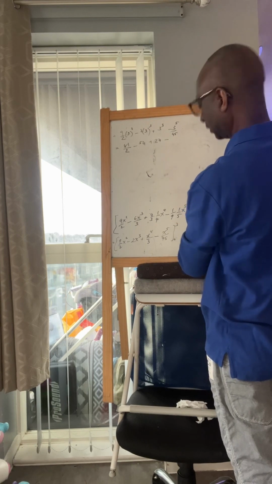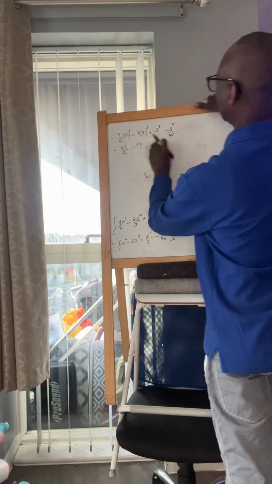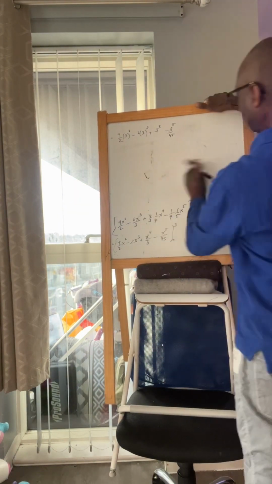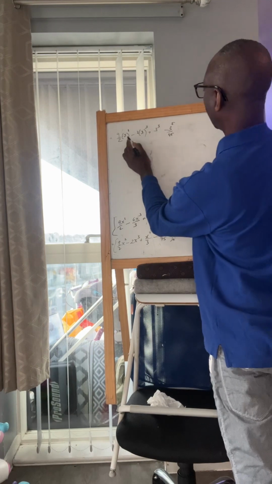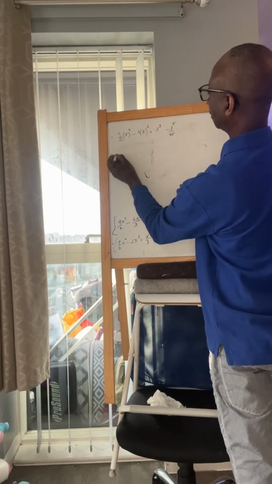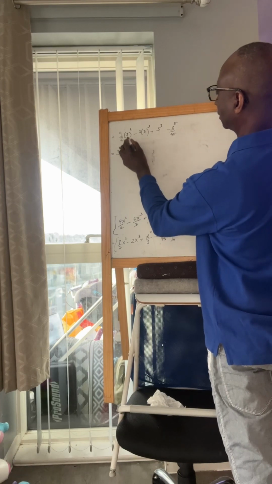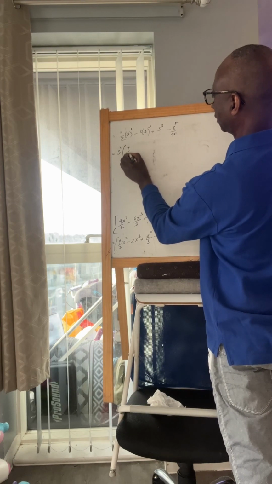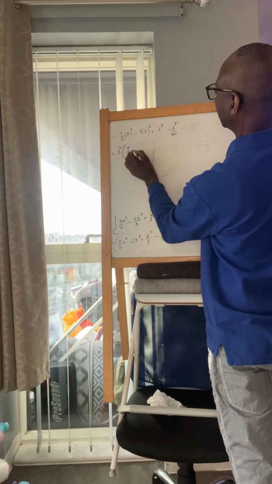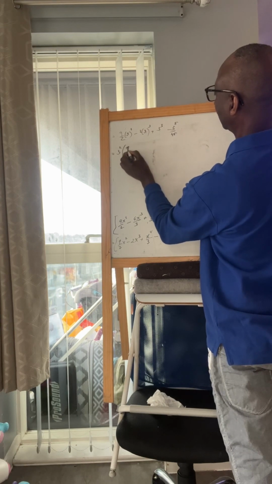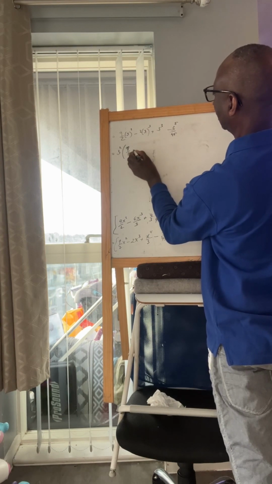I want to do something. Sometimes mathematics will do a lot of manipulation to simplify things. So I have all 3 squared. So now I can take my 3 squared out, and here I will just have 9 over 2. If I take 3 squared here, this will be 2 times 3 left here.